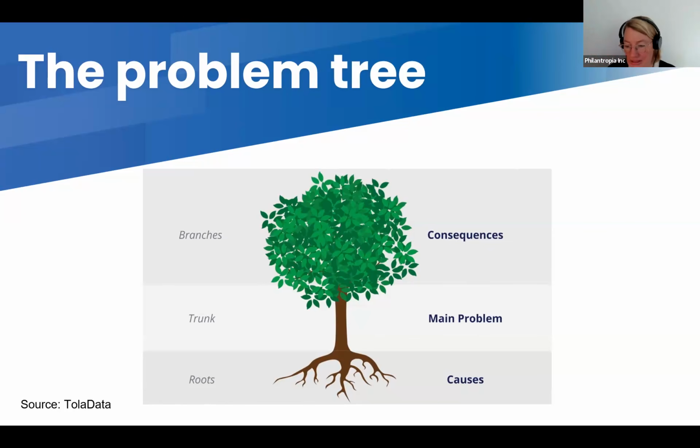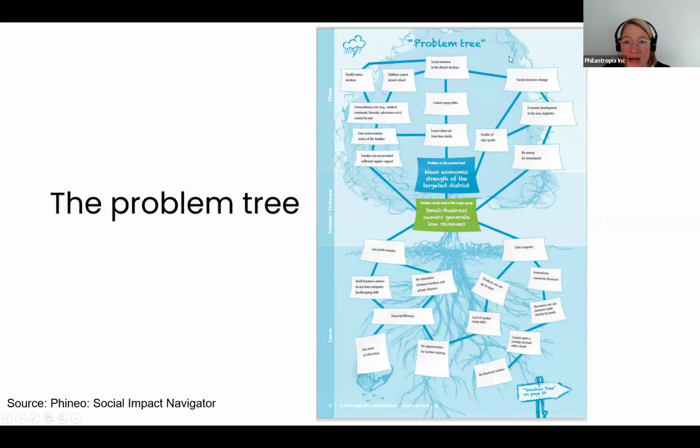On the next slide, I'll show you a little bit more sophisticated example. You can't read all of this very clearly. I realized just now that it's not clear, so I'm very sorry for that. But here you can see a much more sophisticated problem tree. The issue they want to work on is the financial situation of small businesses.